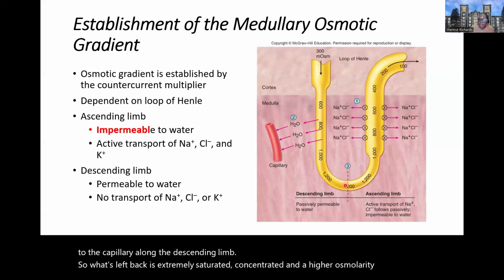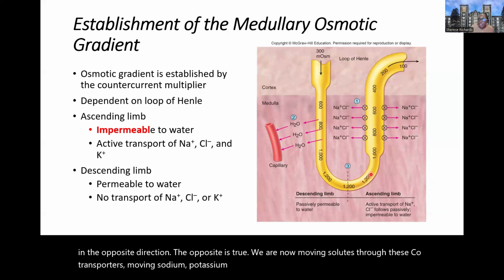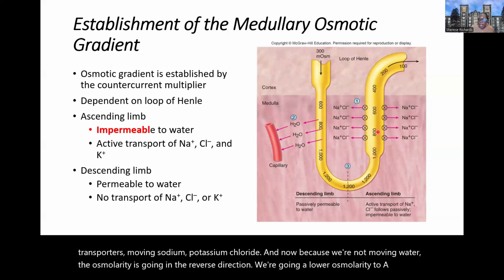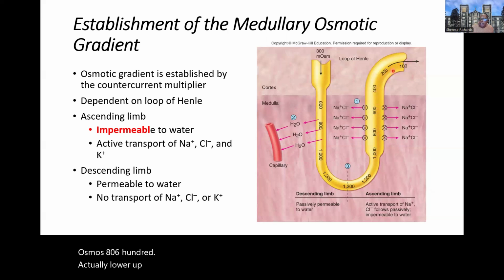As we move in the opposite direction, the opposite is true. We're now moving solutes through these cotransporters, moving sodium, potassium, and chloride. And now, because we're not moving water, the osmolarity goes in the reverse direction. We go from 1,000 milliosmoles to 800, 600, eventually lower up here in the distal convoluted tubule.